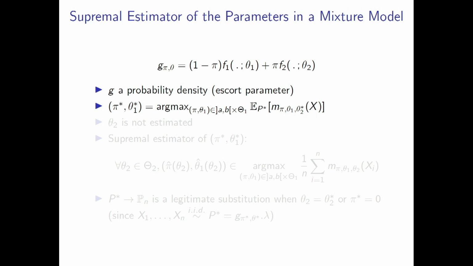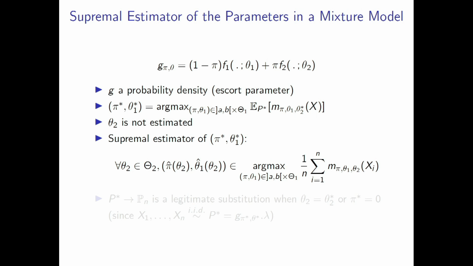So this is just a reminder of what I said. We are not going to estimate θ2 for now. So let's just fix θ2 and define an estimator, π hat, θ1 hat, as the maximizer over the parameter space of this quantity, which is, of course, this one, in which we substituted the empirical distribution to P star.